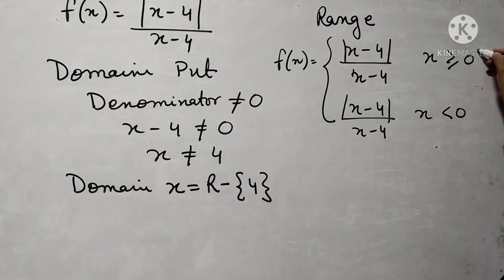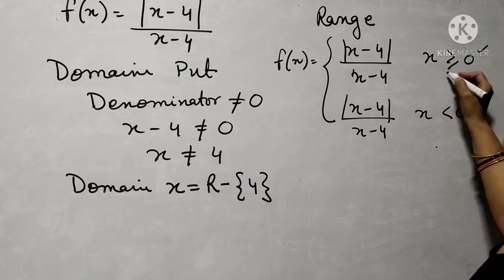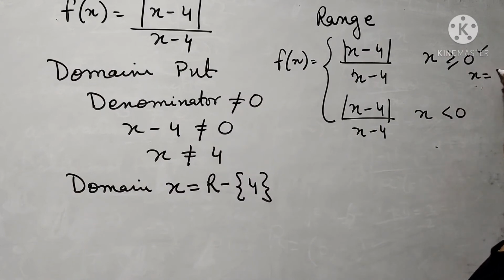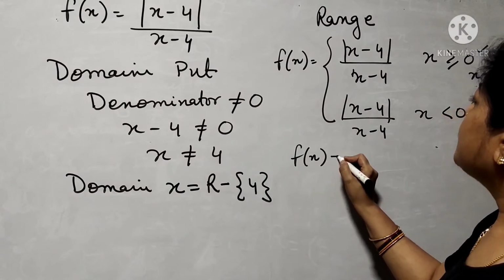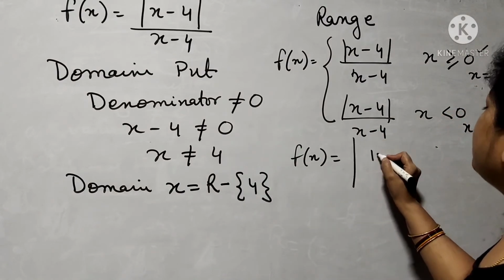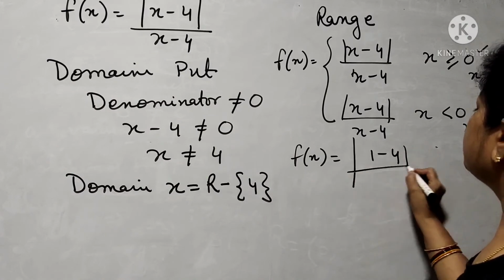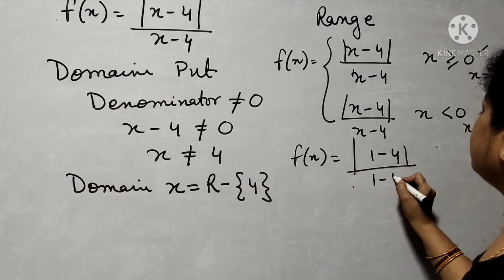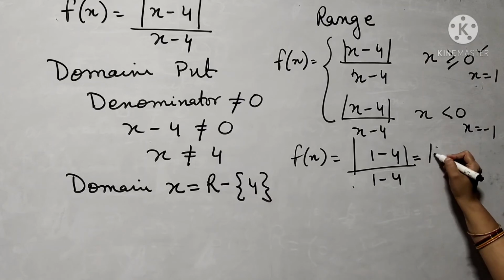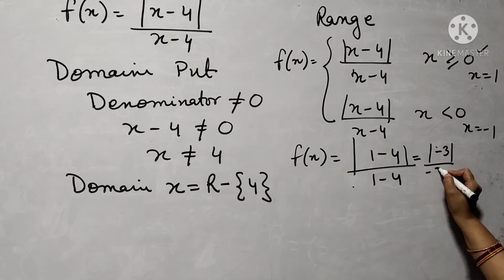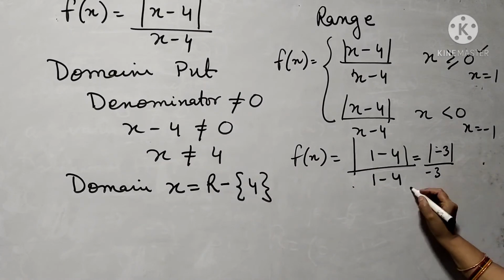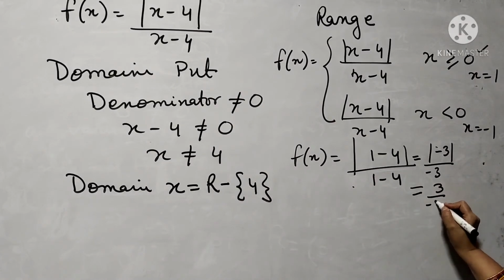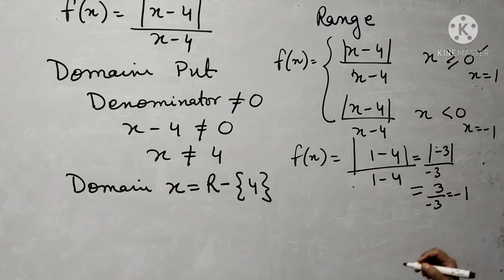So for example, for the greater than 0 case we can take x equal to 1, and here we take x equal to minus 1. Substituting these two values, we get 1 minus 4 over 1 minus 4. Mod of minus 3 over minus 3, that is 3 over minus 3, which is equal to minus 1.